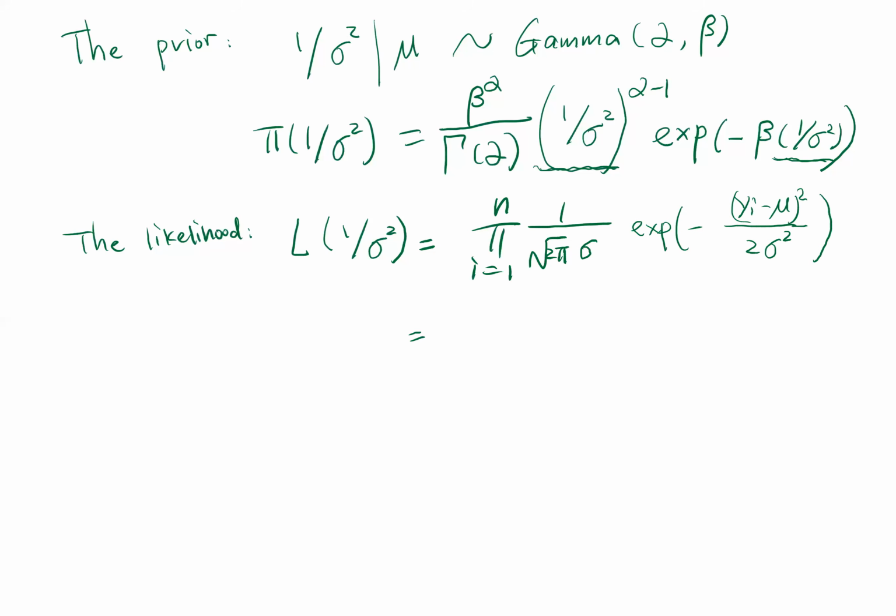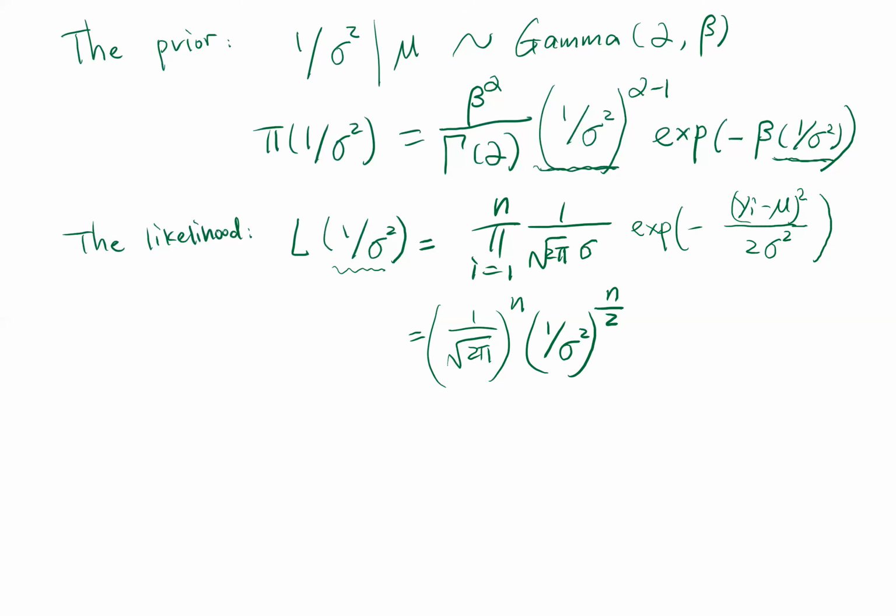So again, recognize what is constant. Here, this whole thing is raised to the power of n. Notice that we're trying to express everything in terms of 1 over sigma squared. So 1 over sigma, producted together n times, will become 1 over sigma squared to the power of n over 2. It's 1 over sigma, the whole thing raised to the power n, which is 1 over sigma squared raised to the power n over 2.